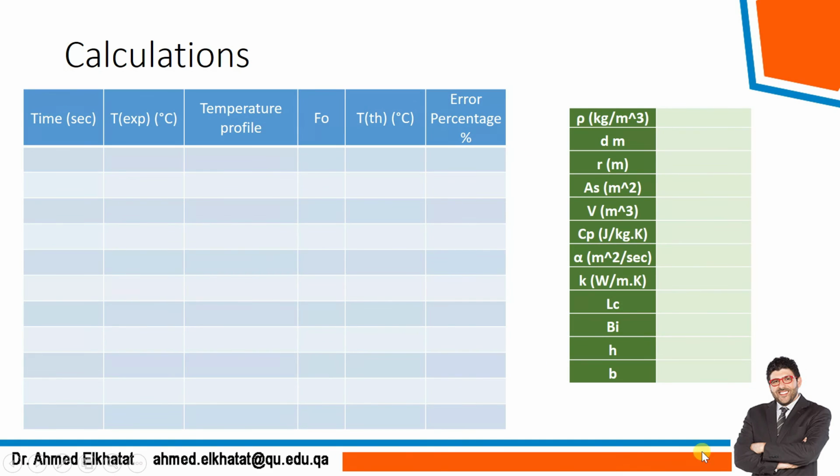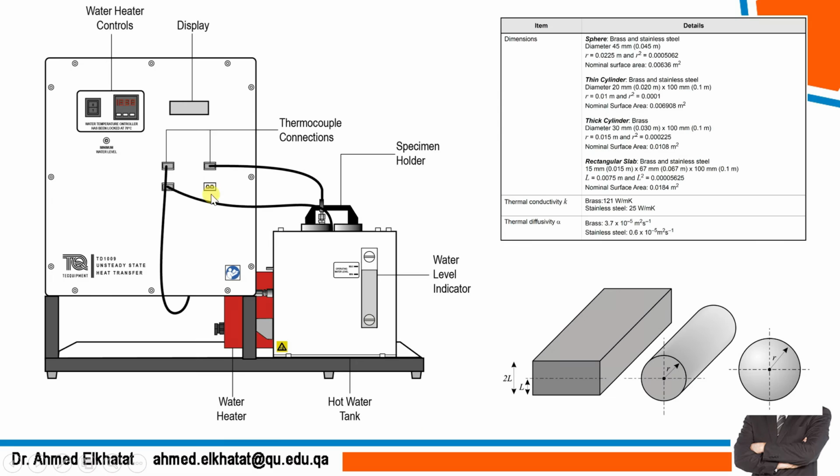And this will be the raw data for my shape, like density, diameter, radius, surface area, volume, specific heat, diffusivity, conductivity, characteristic length, Bi, h. So all these are required for calculation. You can see here the dimensions: sphere, cylinder, cube, or slab.